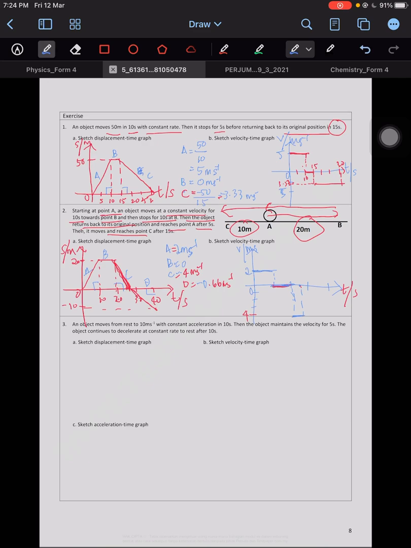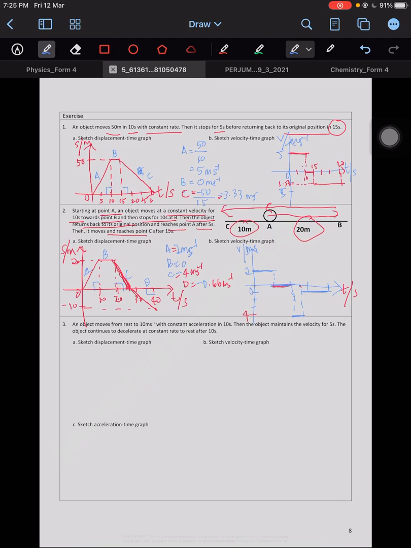Five, 4, then negative and here. So how long? 15 seconds. So this is your 15 seconds. So almost over here. See? So this will be your velocity time graph.